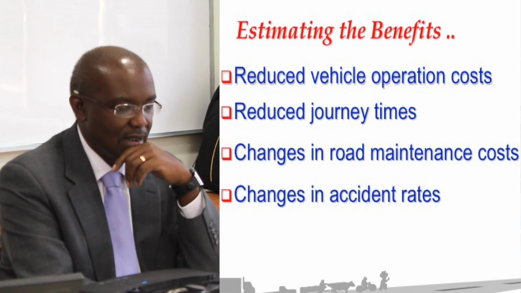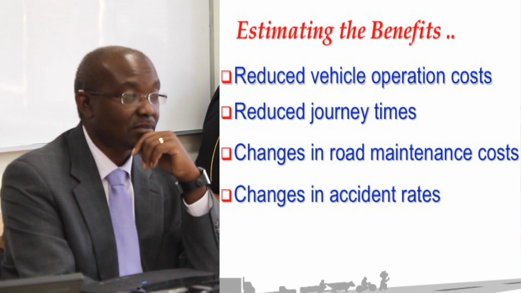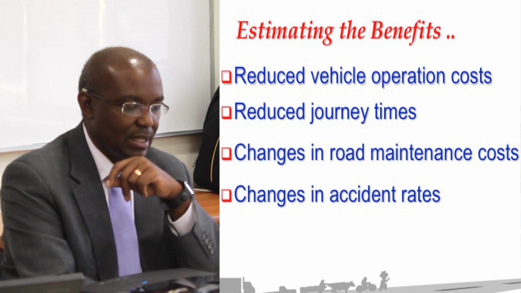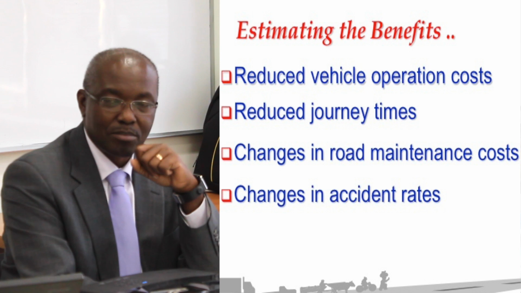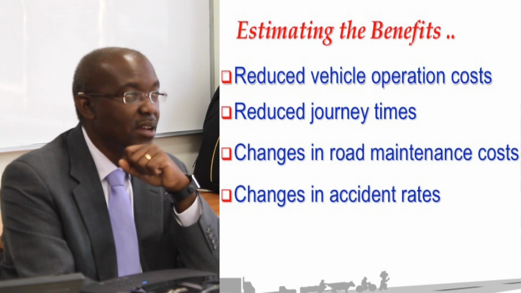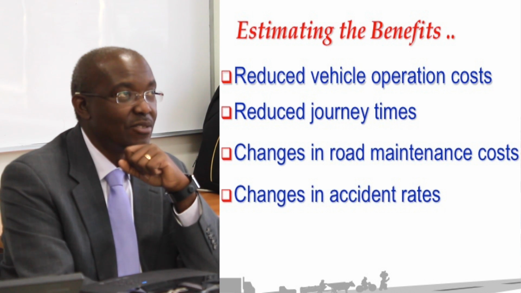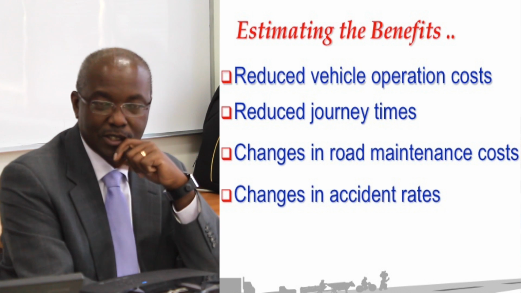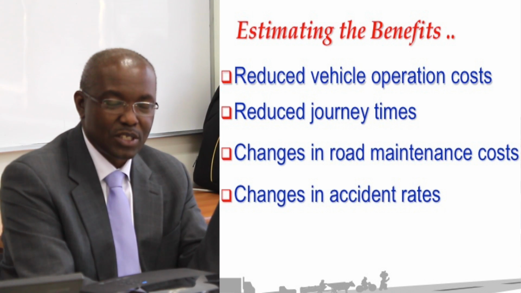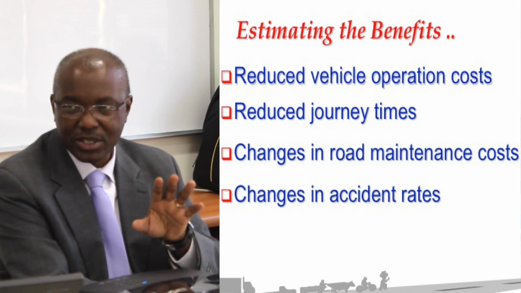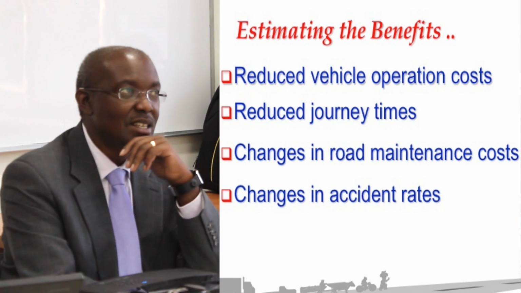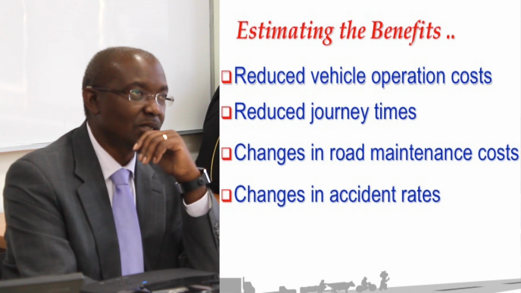Benefits, as you've seen from the table before, we estimate the reduction in vehicle operating costs, which is the difference between the without project and the with project case. Okay? That's the reduction in vehicle operating costs.